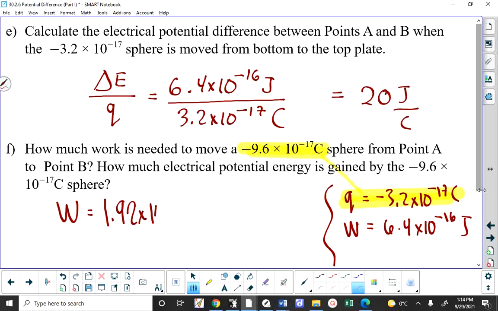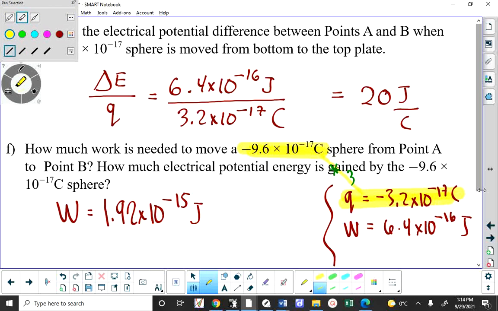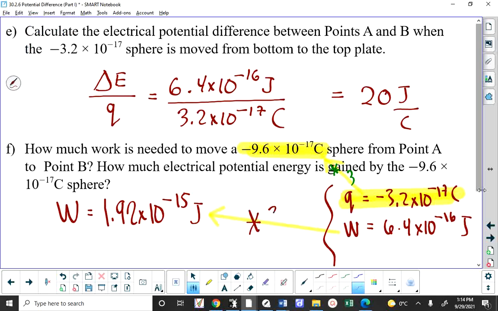So what's happening here is this got multiplied by 3 in going from the old charge to the new charge, which means this gets multiplied by 3 in going from the old work to the new work. So if we use that charge instead of the original charge, we have that much work.